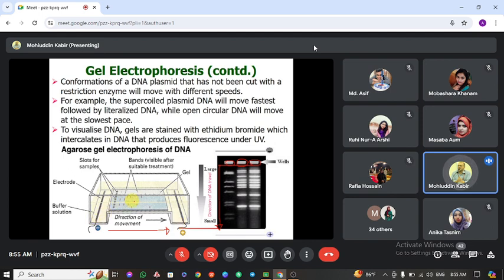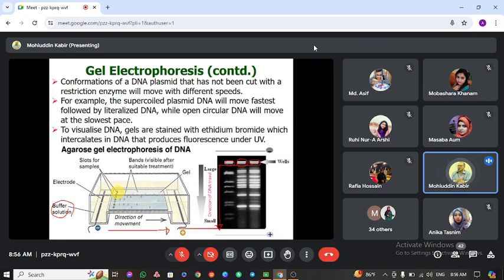Now, to maintain the conductivity, after placing the gel, we add the buffer solution. Then we add our sample very carefully in that well. Then we run.